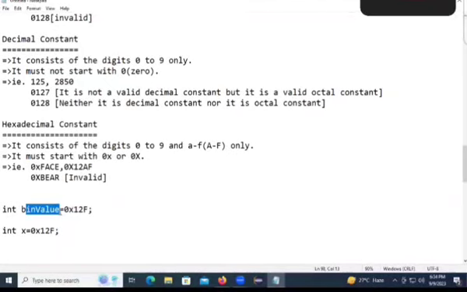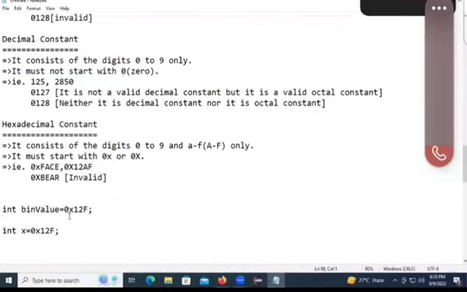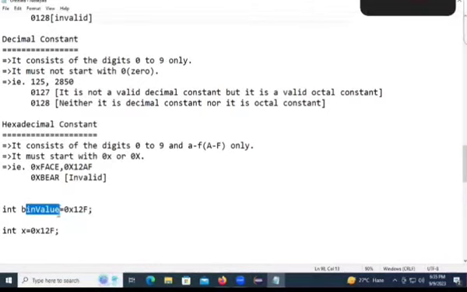We should label it as hexadecimal. The container name can be anything, not a problem, but it should be an appropriate name.